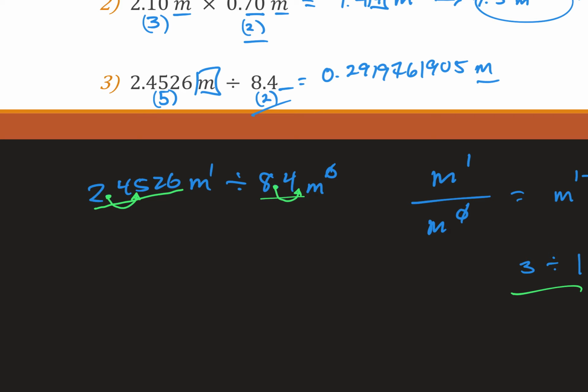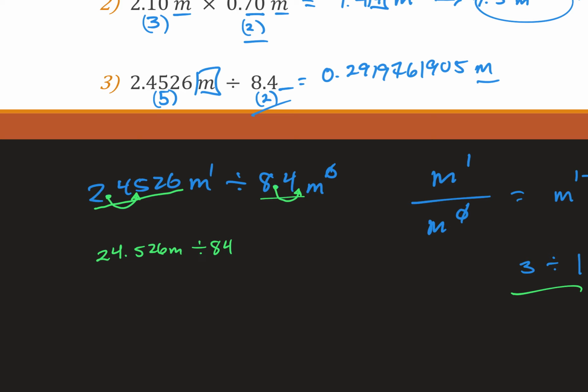You're essentially multiplying by 10, and then it becomes 24.526 meters divided by 84. So now you could logically think that you could split some measurement of 24 meters or so up 84 equal times. But again, it doesn't matter whether you're moving the decimal or not, you're going to get the same numbers.